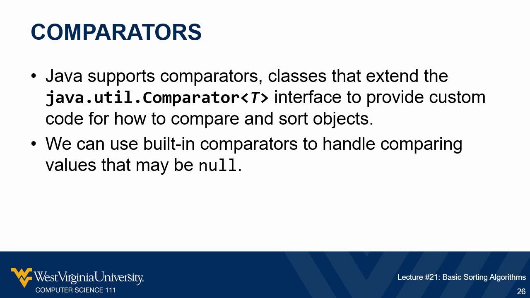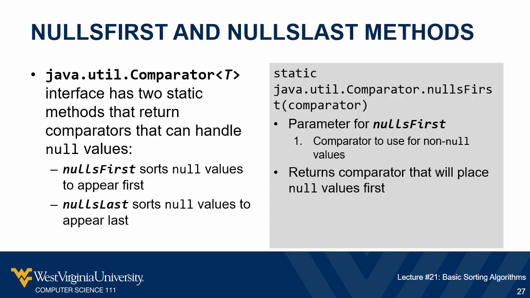Java gives us some built-in comparators that will handle cases where things might be null. Inside of the java.util.Comparator class, there are two static methods that are going to be really helpful for us in dealing with nulls. They're called nullsFirst and nullsLast.